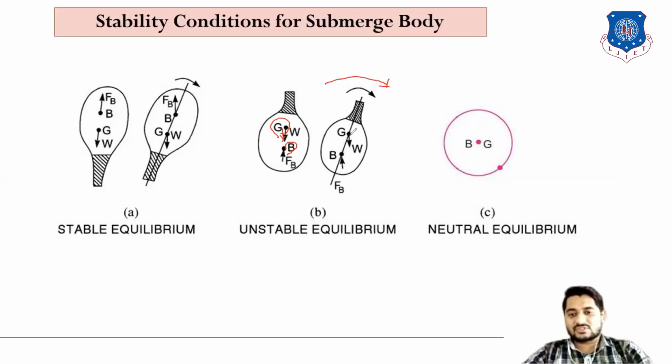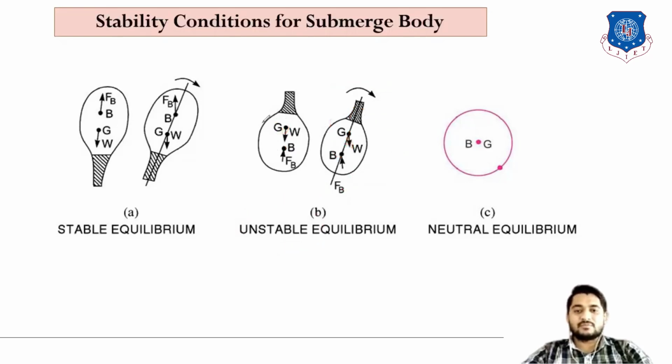As per the new sketch, W acts downward and FB acts upward. A clockwise moment is generated inside the body. We have already given the clockwise moment from outside, but inside the body a clockwise moment is also generated. So the body will not return to its original position, but will keep moving downward.